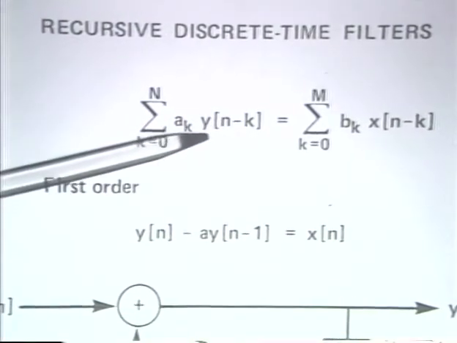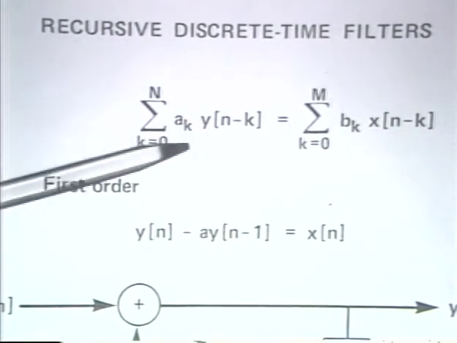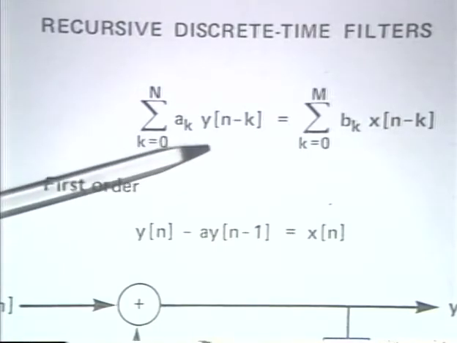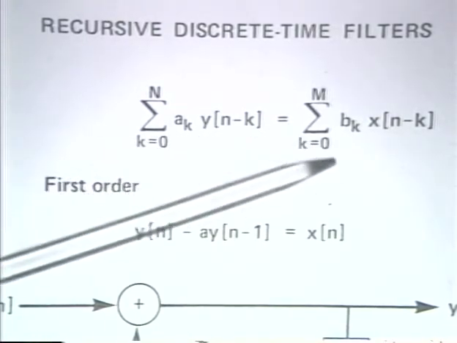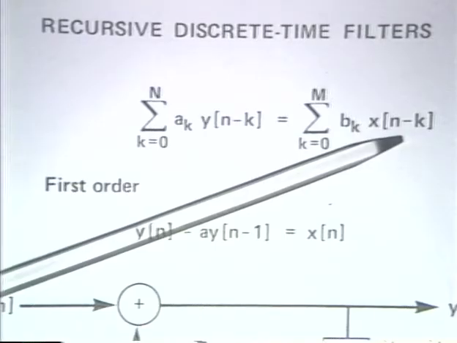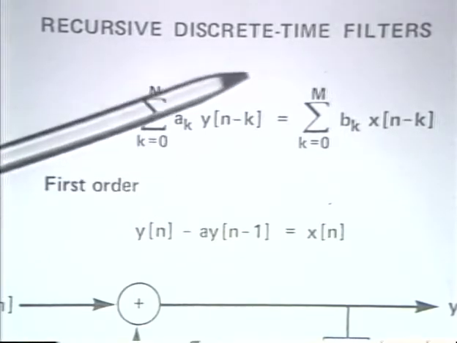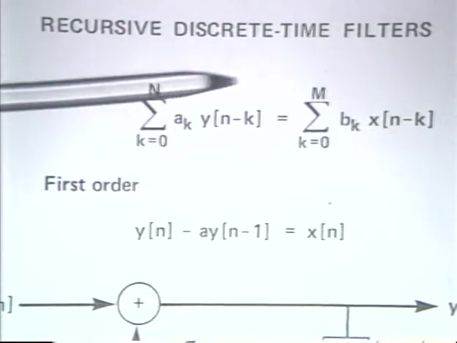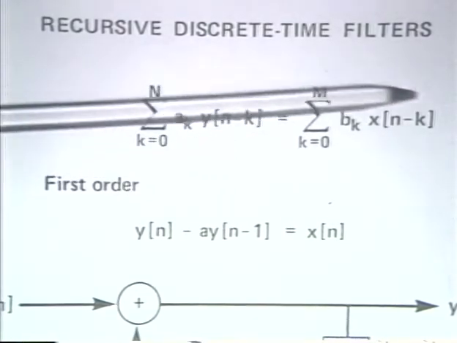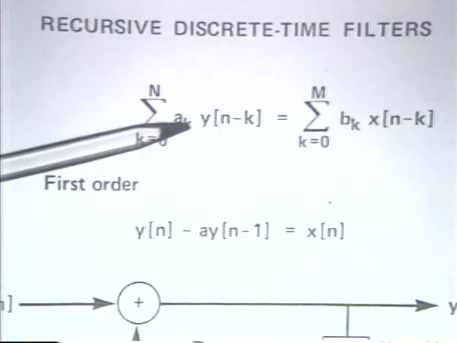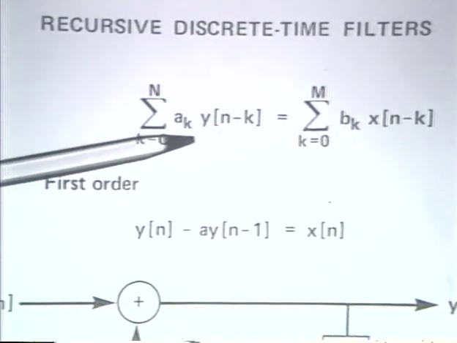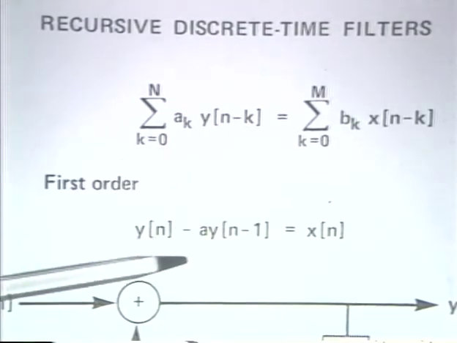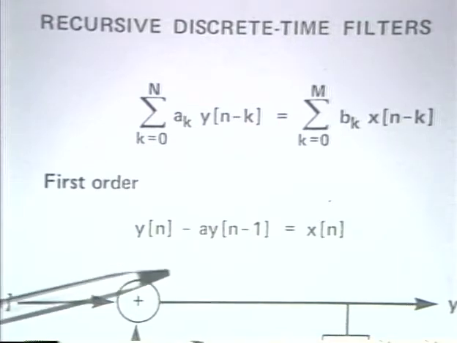And as we've talked about, we can solve this equation for the current output y of n in terms of current and past inputs and past outputs. For example, just to interpret this as a filter, let's look at a first-order difference equation, which we've talked about and generated the solution to previously.